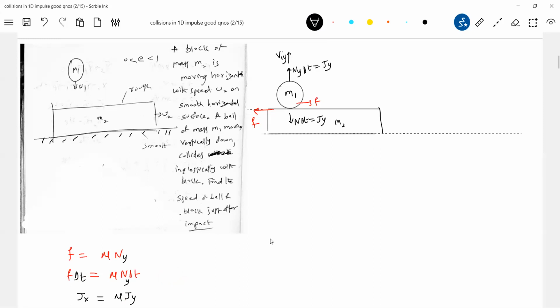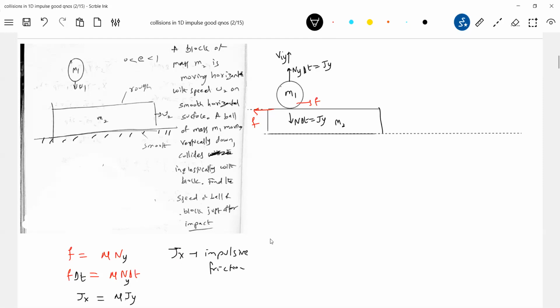They'll be related like this. F into delta t is the impulsive friction. So what is Jx? Impulsive friction. Even friction can set up impulse. Any force that acts for a small duration of time can. So the impulsive friction will be very high, because F delta t equals mu Ny delta t.